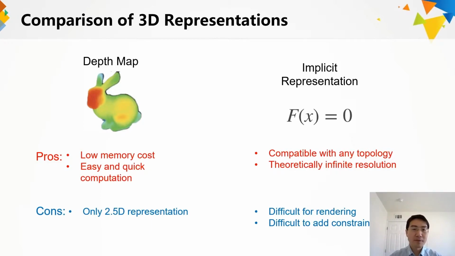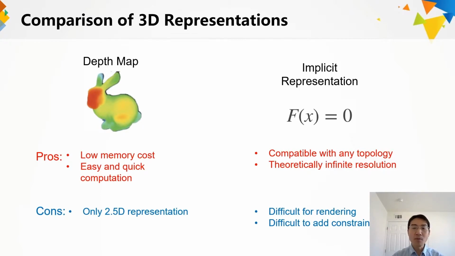Next, depth map. Usually, a depth map is not a full representation of the 3D object, because a depth map only considers the view angle from the current camera. We can measure the distance from an object to the camera center, but we can't see what is behind the object.